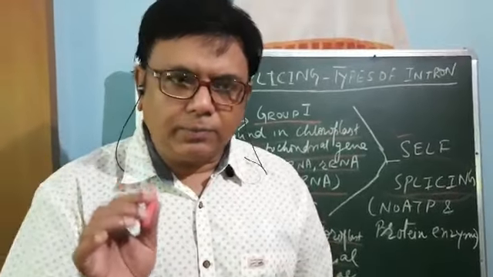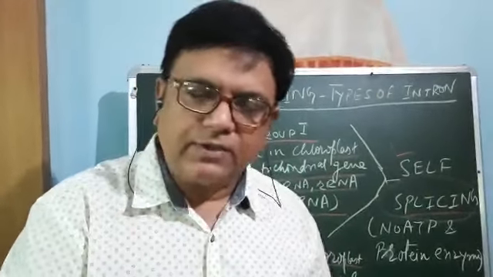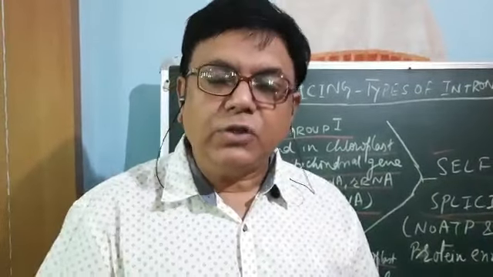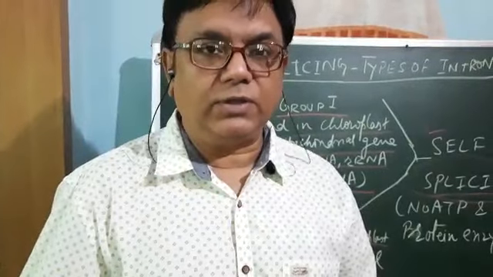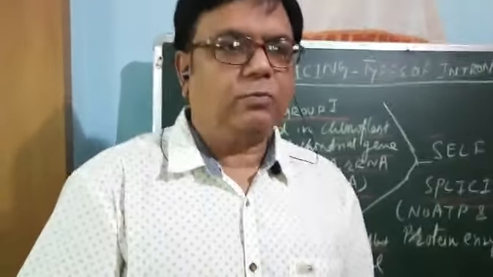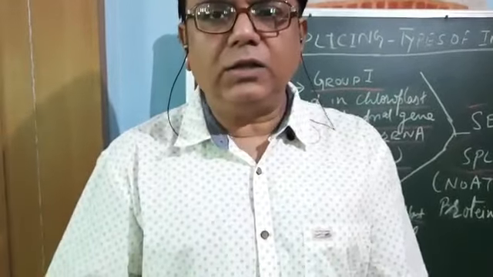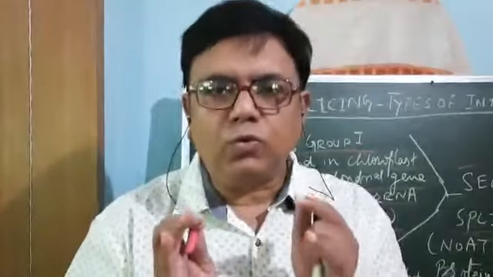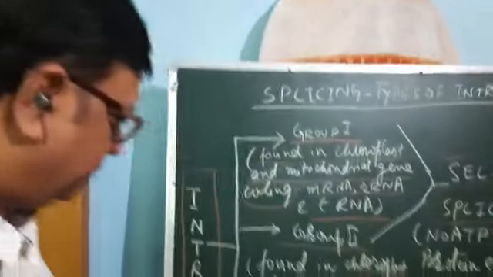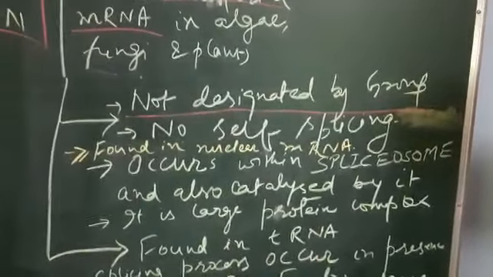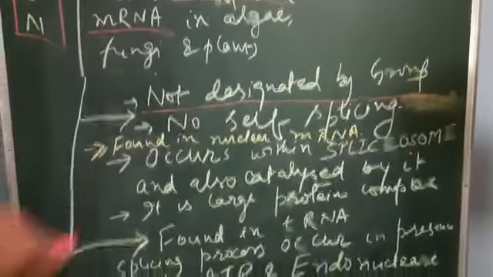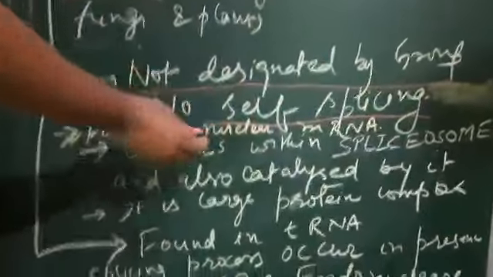This large protein complex also catalyzes the splicing process of nuclear mRNA, which is what we are more concerned with. Since spliceosomes are involved, you call these introns spliceosomal introns. This is not designated by group. Obviously they also do not undergo self-splicing.